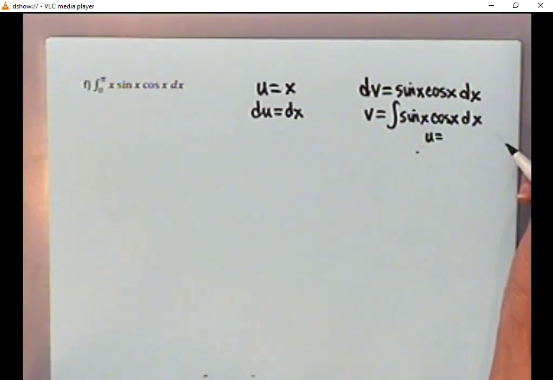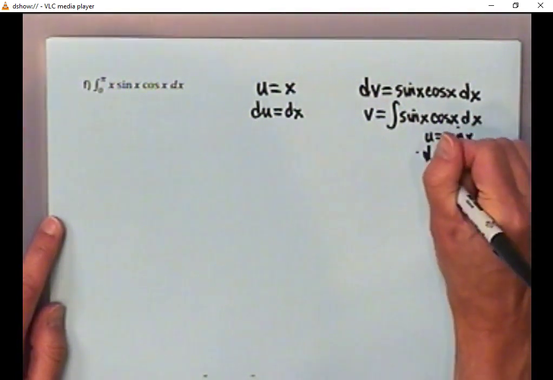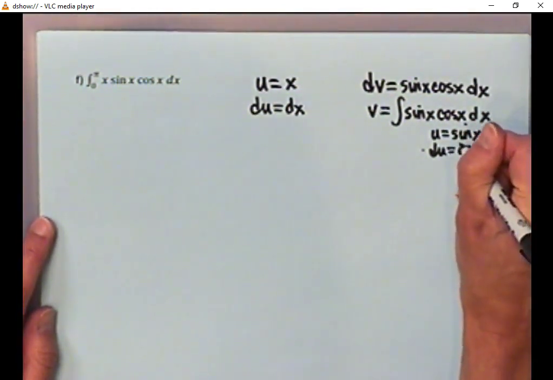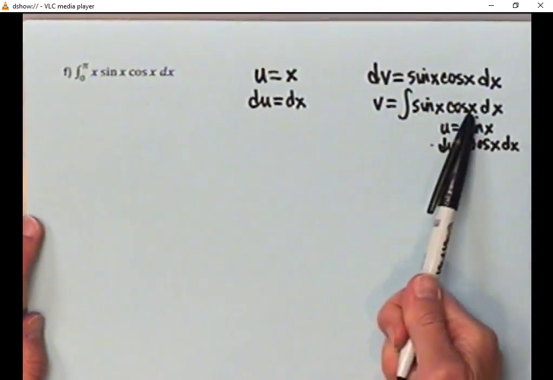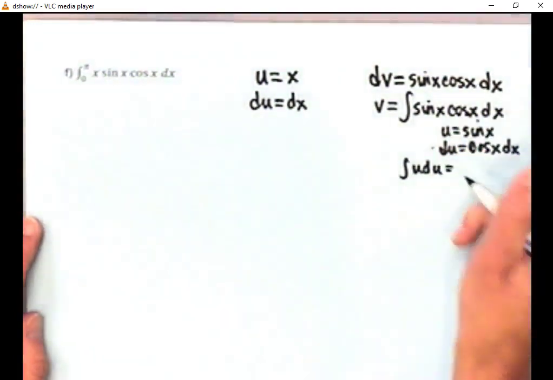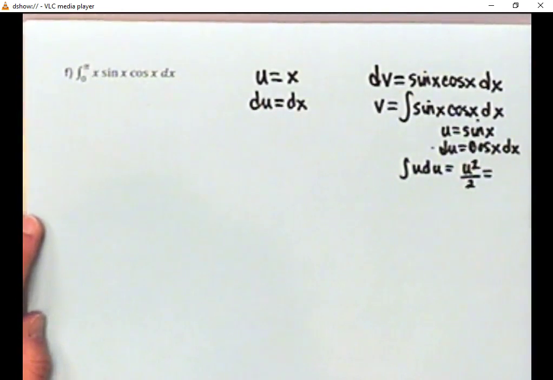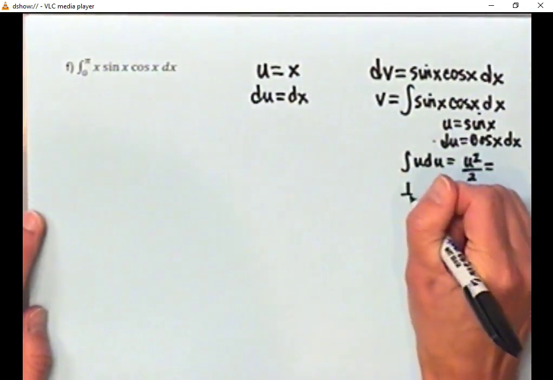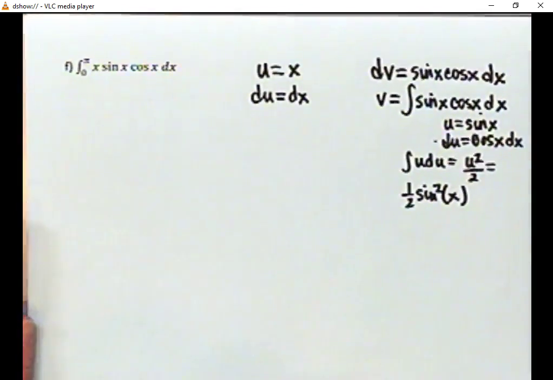Because the other one is its derivative. So it probably wouldn't matter. What if you let it be sine and then du is the cosine? Because you have 1 and here's its derivative. That shouldn't be too hard because then it's just u du. And that becomes u squared over 2. Or just 1/2 the sine squared of x.